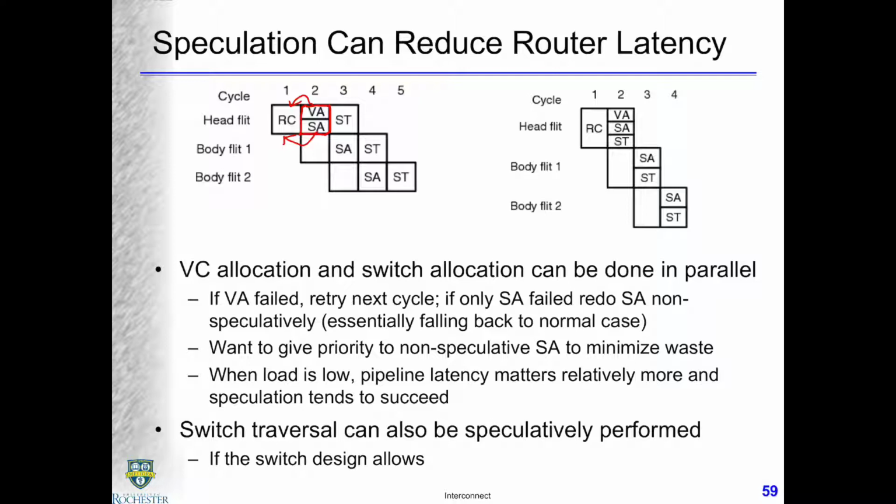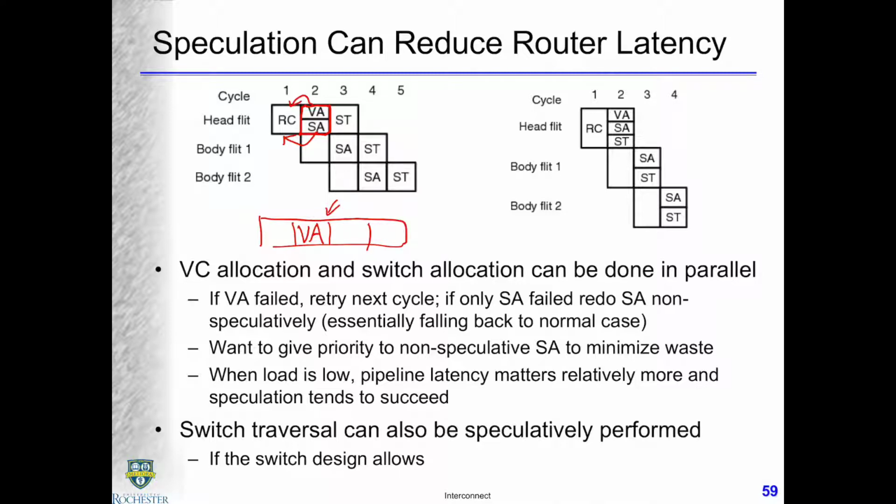And of course, two things done at the same time, we don't know if they will be successful. What I failed to mention is that when you have these channels, let's say VA fails, we run out of available virtual channels, and then just like your regular pipeline, you will introduce bubbles after this stage.